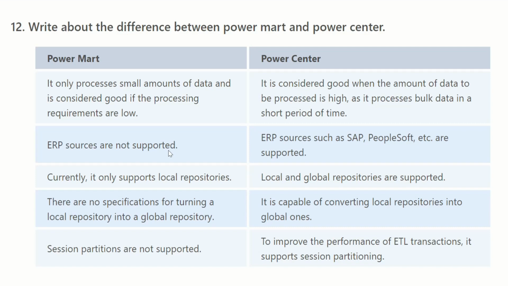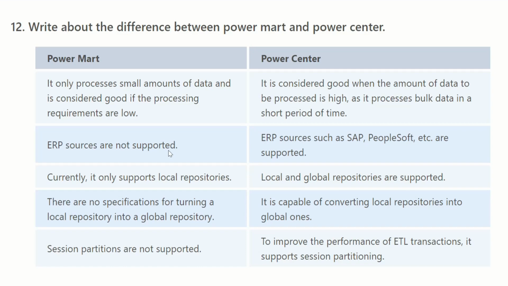are supported. The third point in Power Mart is currently it only supports local repositories. And the third point in Power Center is local and global repositories are supported. The fourth point in Power Mart is there are no specifications for turning a local repository into a global repository.